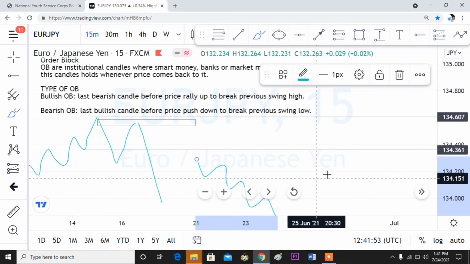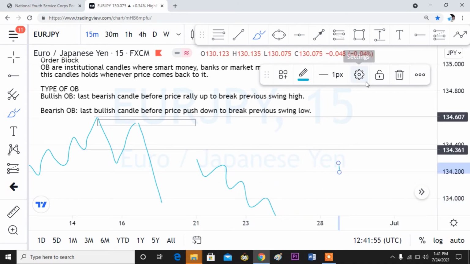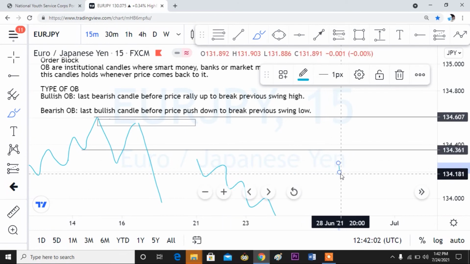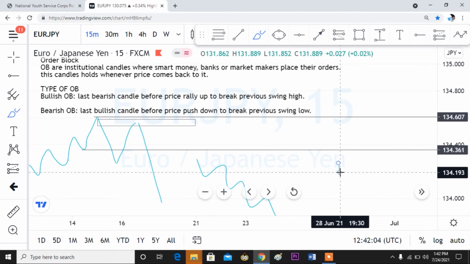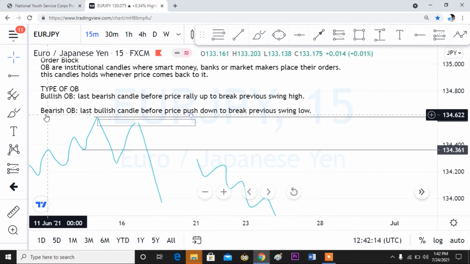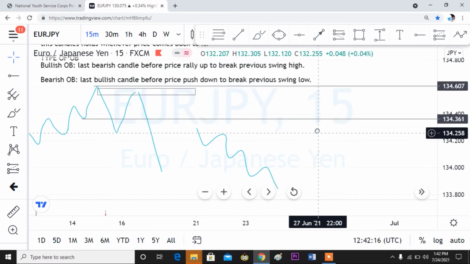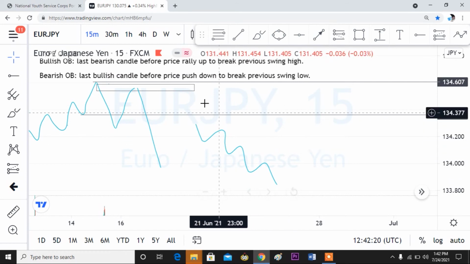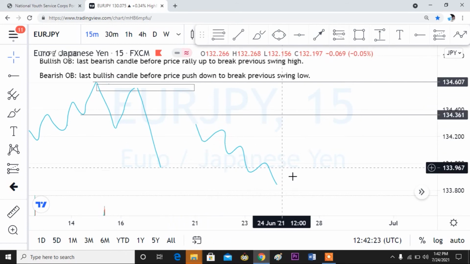Then all we have to do is, suppose we have a downtrend market, the price moving to the downside.